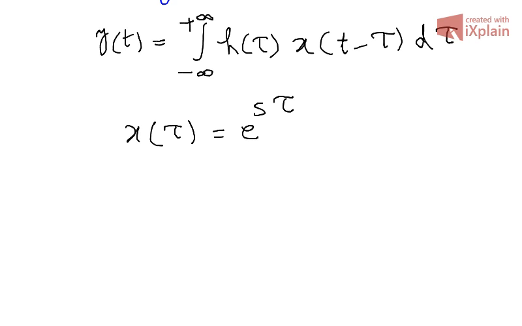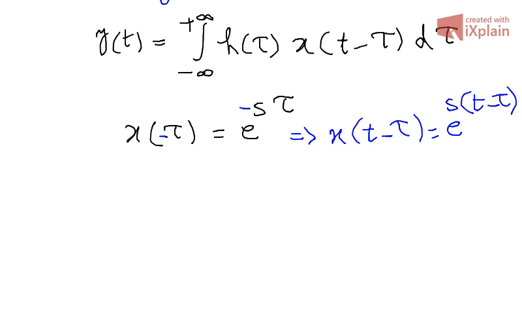So if our x of tau is this one, it implies that x of t minus tau would be e raised to the power s times t minus tau, right? Now put it in this integral, substitute and compute your y of t.